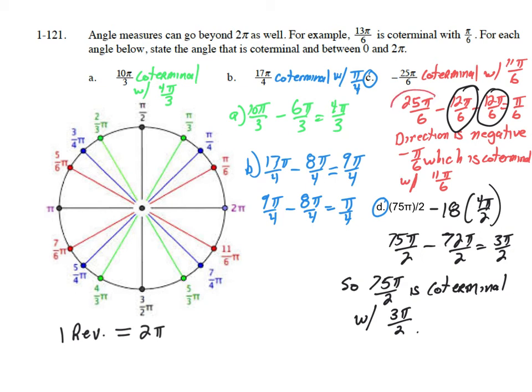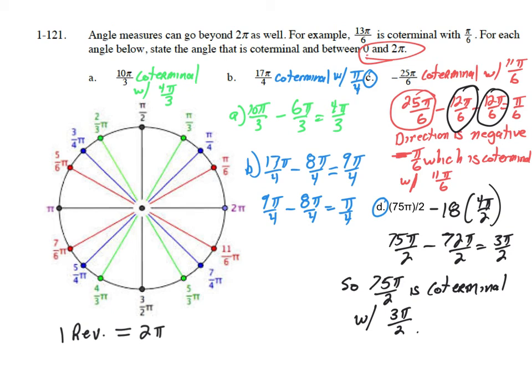So I've taken a positive 25 pi over 6, subtracted 2 revolutions, and that leaves me with pi over 6. But I still need to keep that negative direction, so that's a negative pi over 6, which then would be coterminal with 11 pi over 6, because it has to fall between 0 and 2 pi.